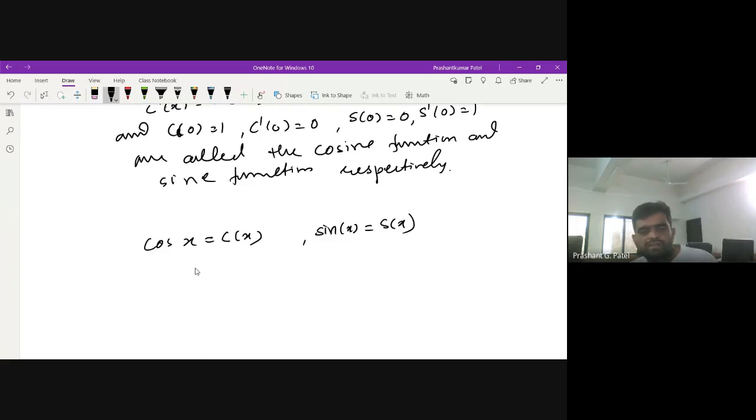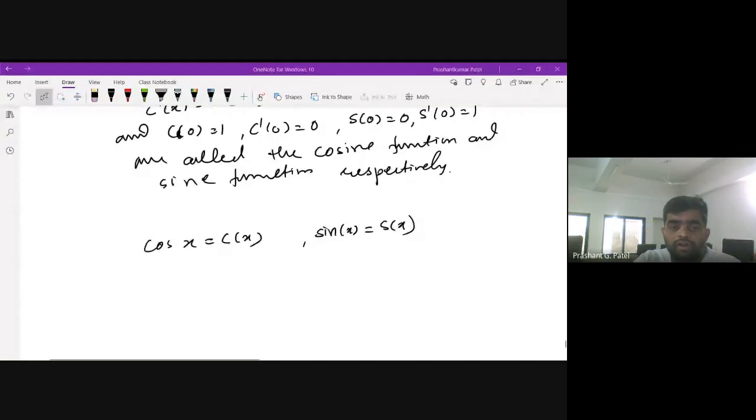Trigonometric functions' properties are left, but I'm giving it as homework because they are very elementary properties. So if you are interested, you can do that.